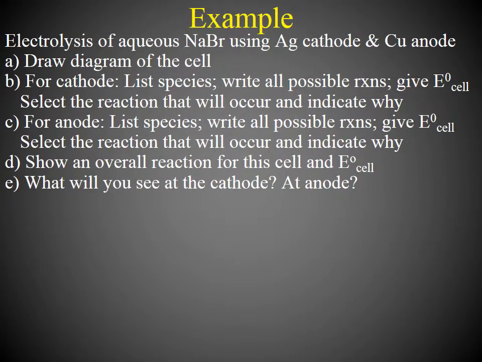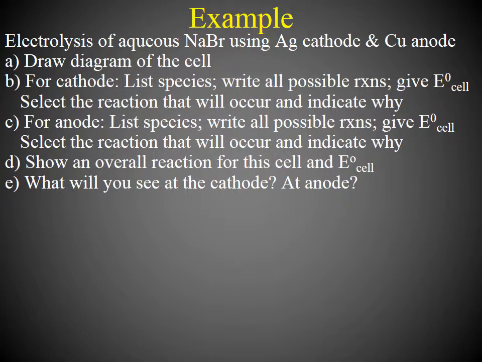Alright, so let's now go through the electrolysis of aqueous sodium bromide using silver cathode and copper anode electrodes. By the way, how would one know that this is an electroplating situation? Think about it for a moment.